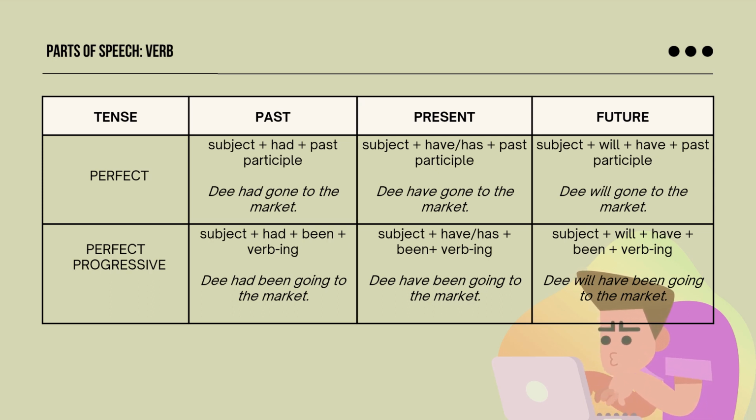For the perfect tense, we add the past participle, whether in the past, future, or present tense; the verb is still in the past form. For the perfect progressive, you just have to add been and then put the -ing suffix on the verb.